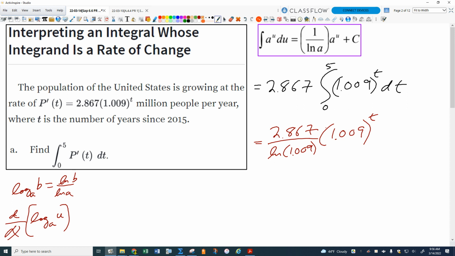But we're not going to do the plus c here because we're evaluating this from 0 to 5, right? Does that make sense?